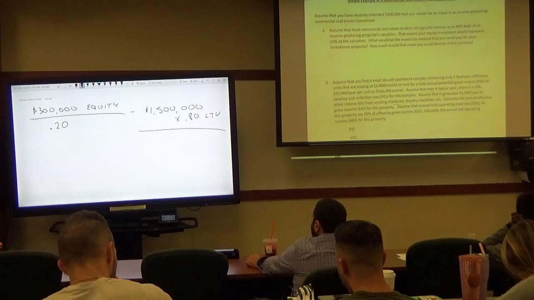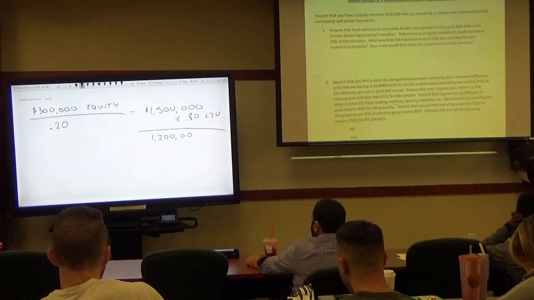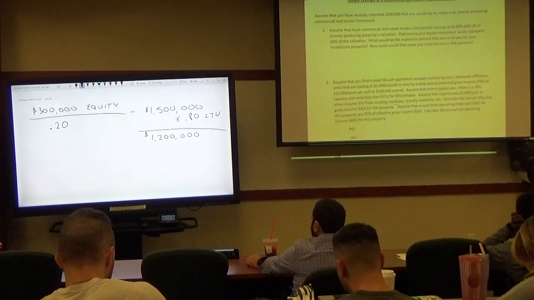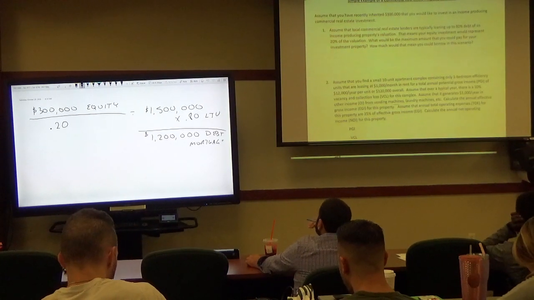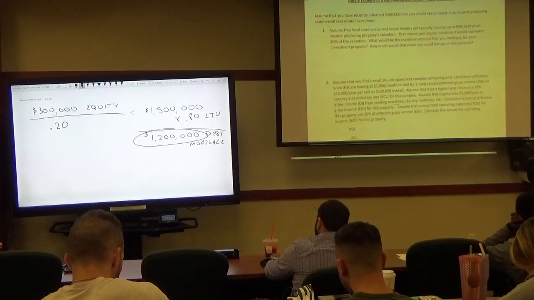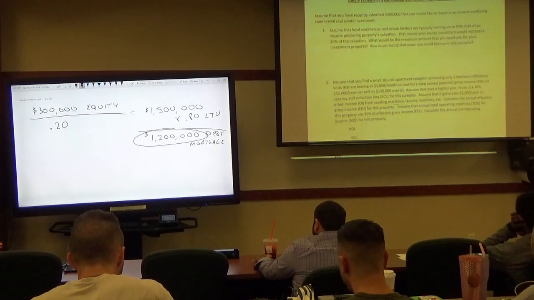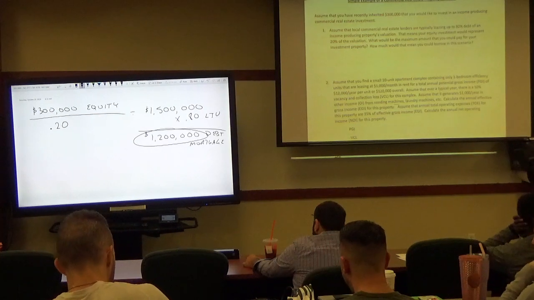When we do that calculation, what do we end up with? 1.2 million. That represents his debt obligation, or the mortgage. So the answer to that first question is the 1.2 million. Pretty straightforward. Everybody understand that? Anybody not understand it? Okay. Let's move forward.